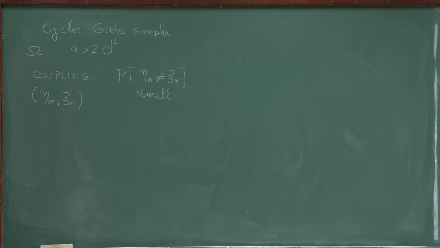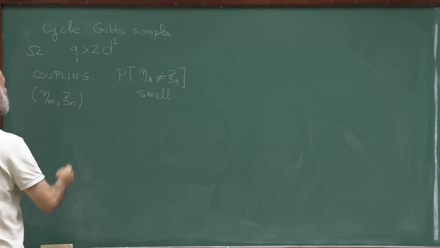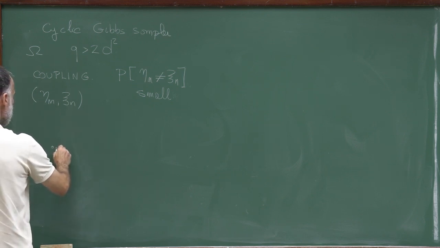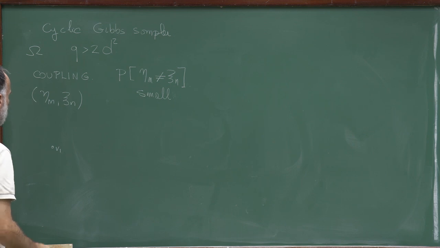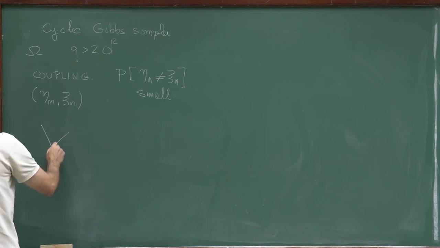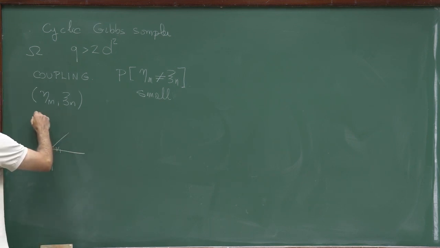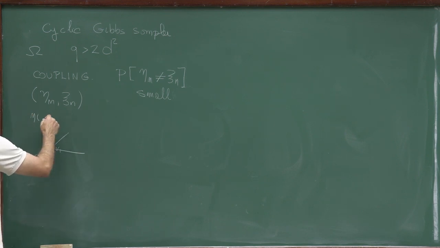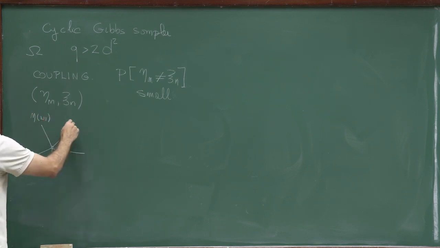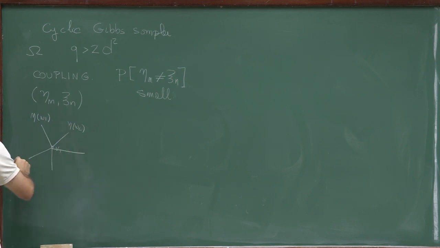And so what is the idea? The idea is that we have a vertex V1, and this vertex V1 has a certain quantity of neighbors. These neighbors, for the configuration eta, have, say, colors eta(W1), eta(W2), up to eta(WP), as well as colors psi(W1), psi(W2), up to psi(WP). So now I want to update this color.